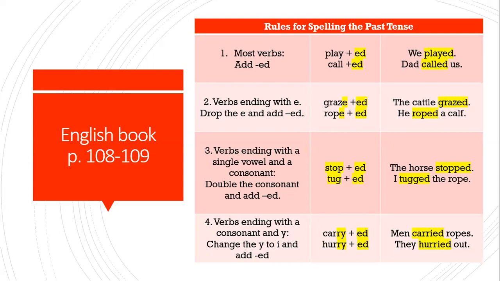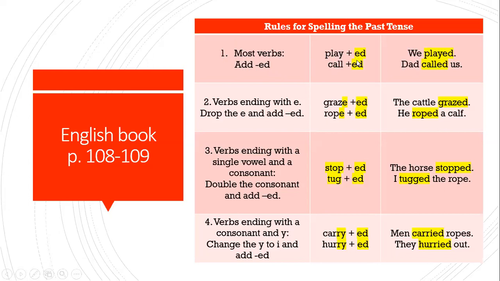Okay, so when we are talking about most verbs adding ed at the end to form the past tense, we are covering regular verbs, okay? So this is all about regular verbs, the ones that end with ed. So to most verbs, we're going to add ed. For example, we have play and call.